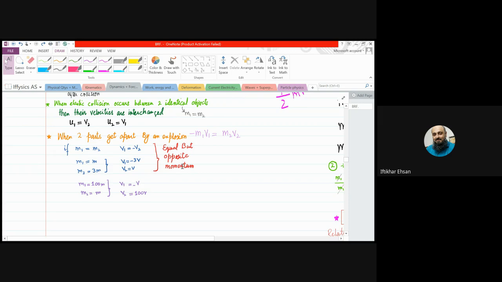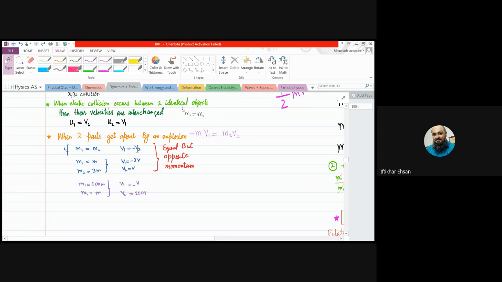And there are a few cases which come in the exams many times. I would like you to know. If we say the object breaks into two equal parts, meaning m1 and m2 are equal, then their velocities will be equal as well. Momentum is mass times velocity, so if masses are equal, momentum can only be the same if velocities are the same as well.